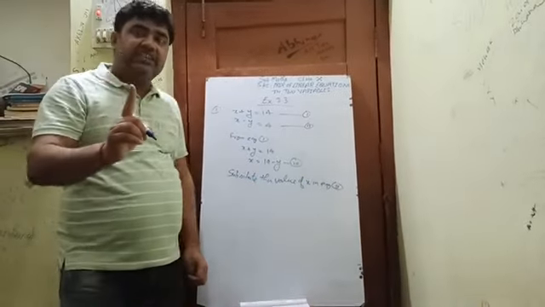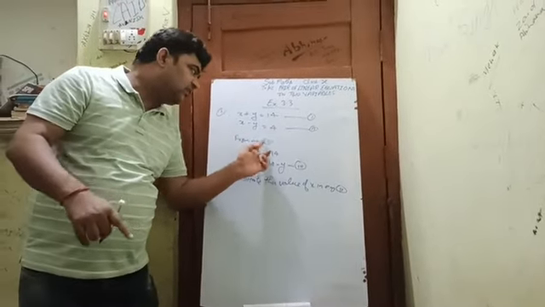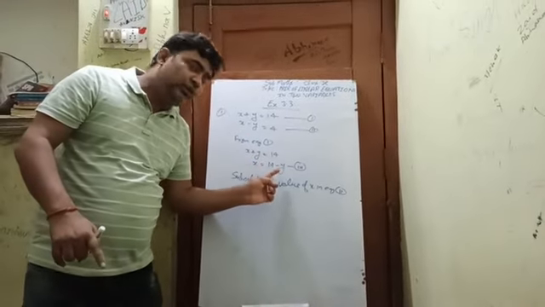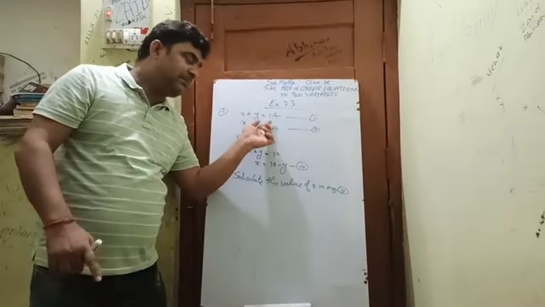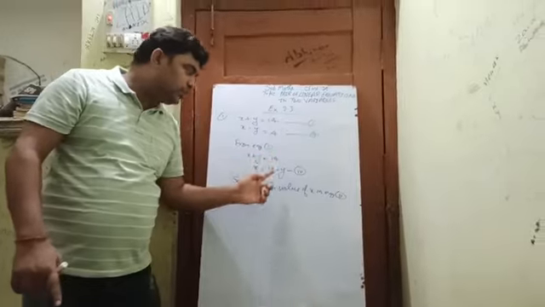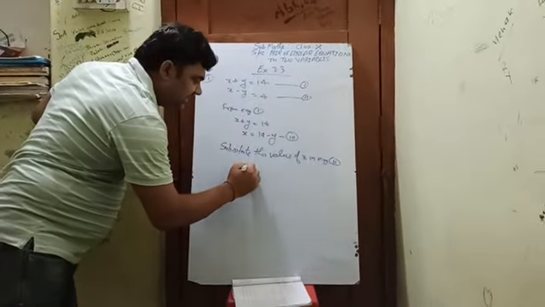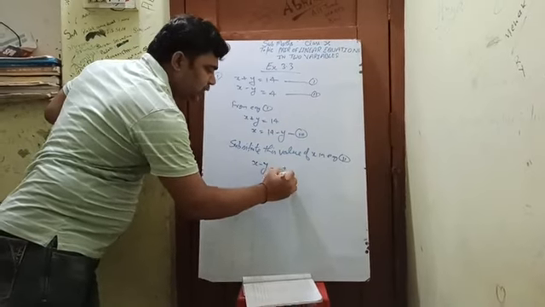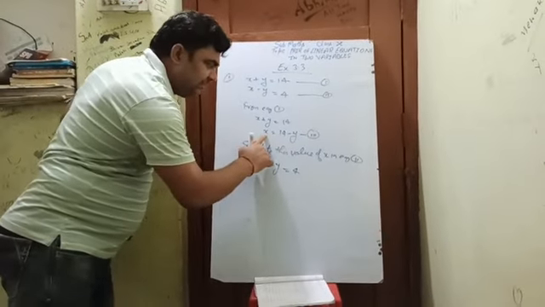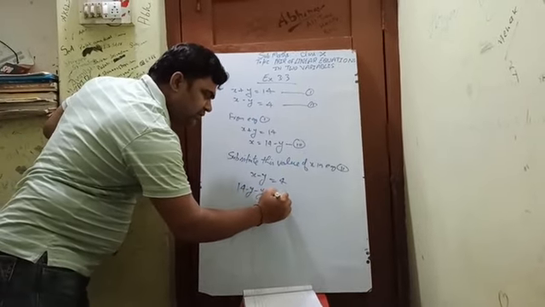One thing should be very clear: when we take the value of x or y from equation first, we are not going to put the value in the first equation. We have to put this value in equation second. So in equation second, what is given? x minus y is equal to 4. What is the value of x? The value of x is 14 minus y, so 14 minus y minus y is equal to 4.